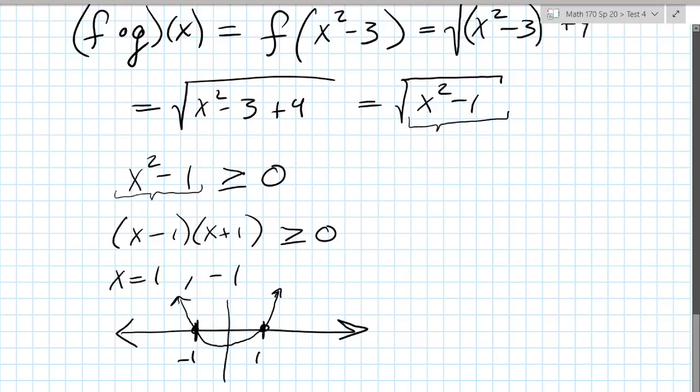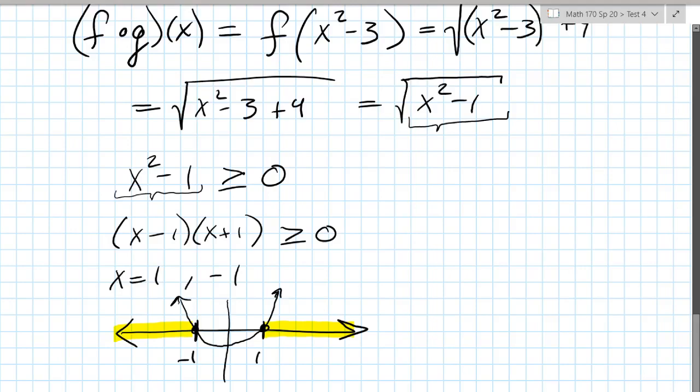So what do we want? We want to know when the parabola is above the x-axis. So that would be when x is smaller than negative 1 or larger than positive 1.